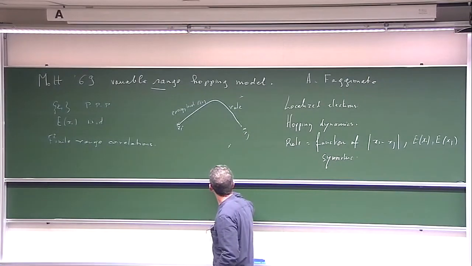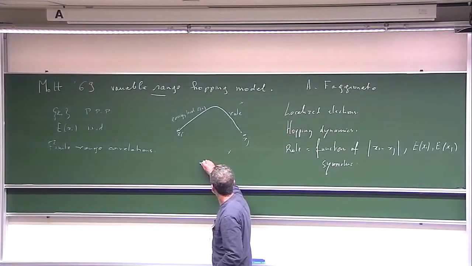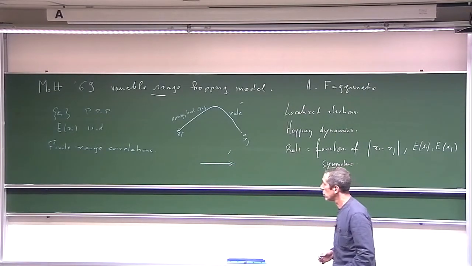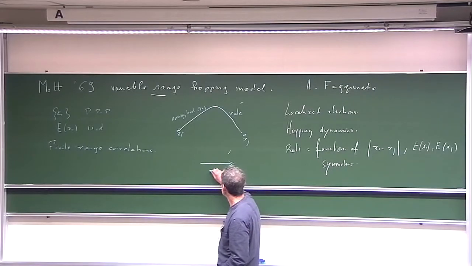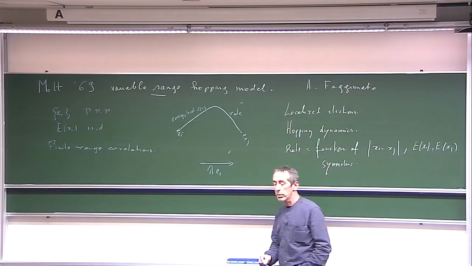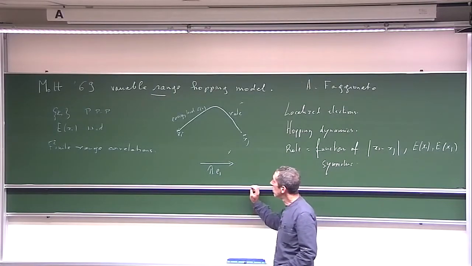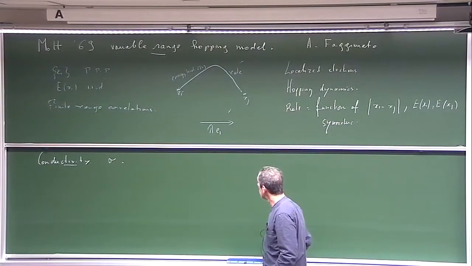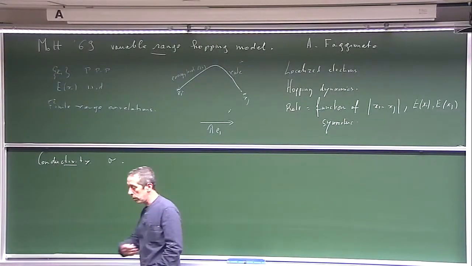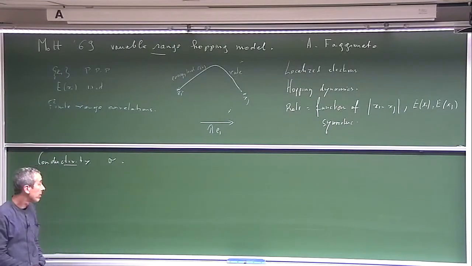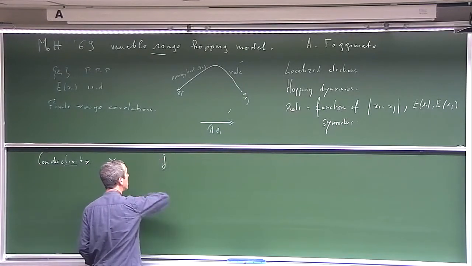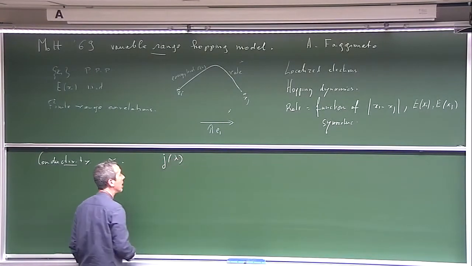So we turn on a constant electric force. To be coherent with my notation, I will denote it by lambda E1, where E1 is the direction and lambda is the strength. Once we have this external electric field, we get a certain flux of electrons in direction E1, J, which depends on lambda and also on E1.